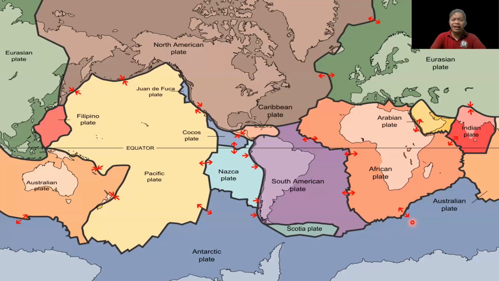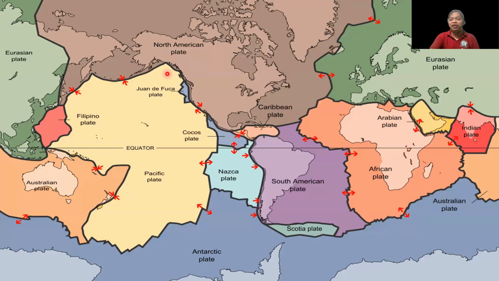So let us start. For the first set of plates, I would like you to identify the type of plate boundary between the North American plate and the Pacific plate on this part. What type of plate boundary can you see in this area?